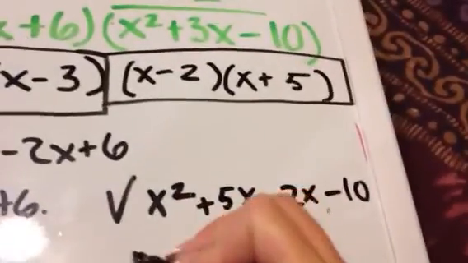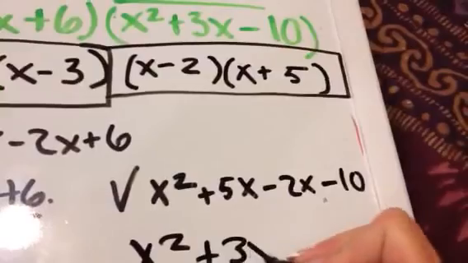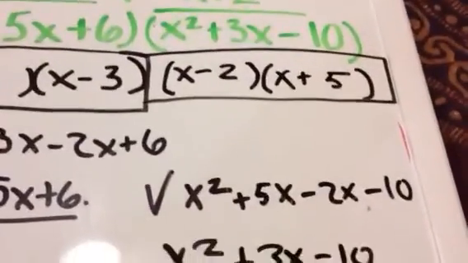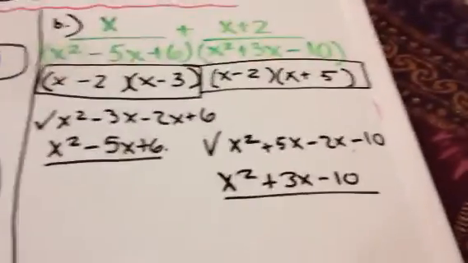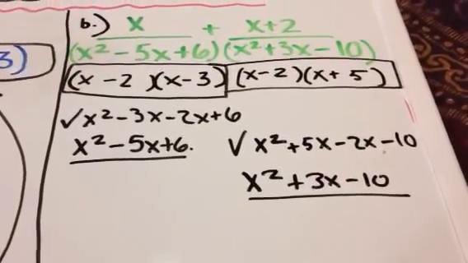Combine like terms. And we did get the same that we started with. So for B we have these two sets that we FOIL to.